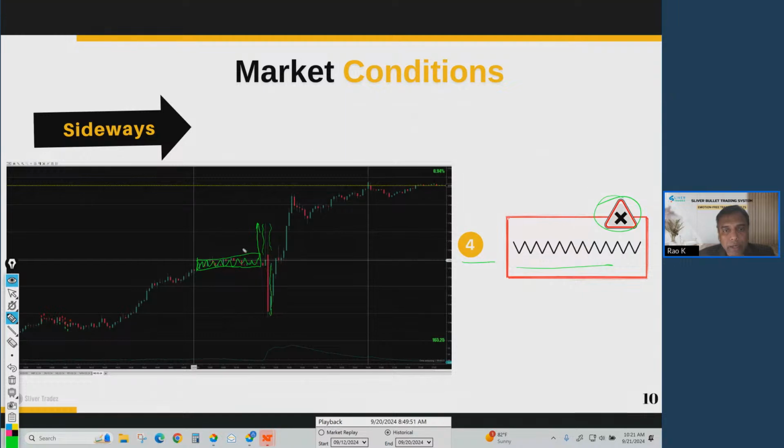So if somebody bought the instrument at the breakout and placed the stop here, this stop was taken, and then if that person shorted here, placed the stop here, and when the market reversed, it took this stop as well. So this is a classic example, and it happens again and again all the time. And so we recommend that you avoid this kind of market condition.